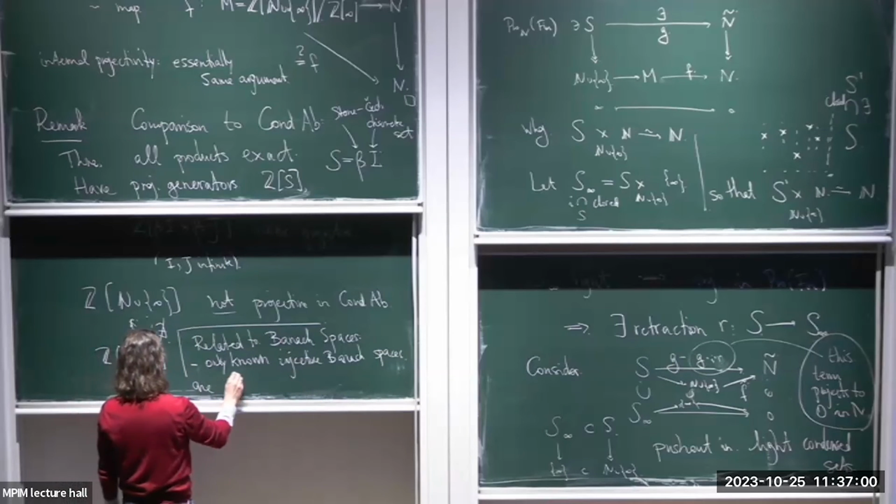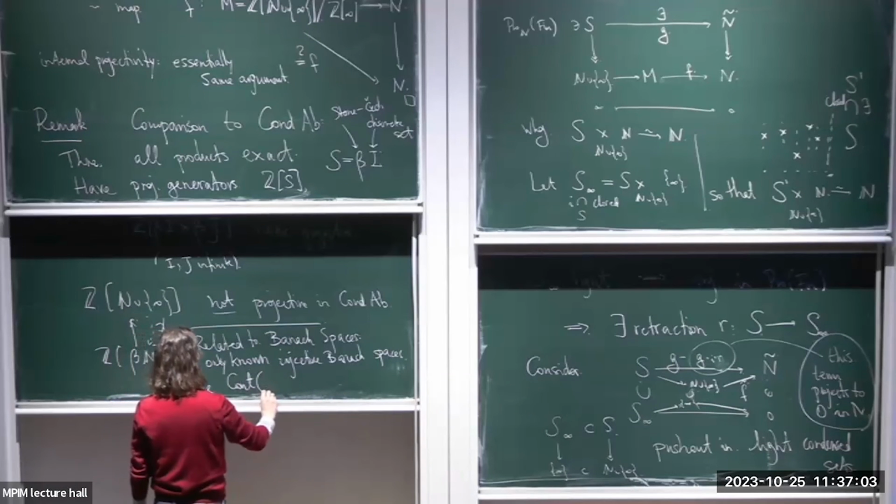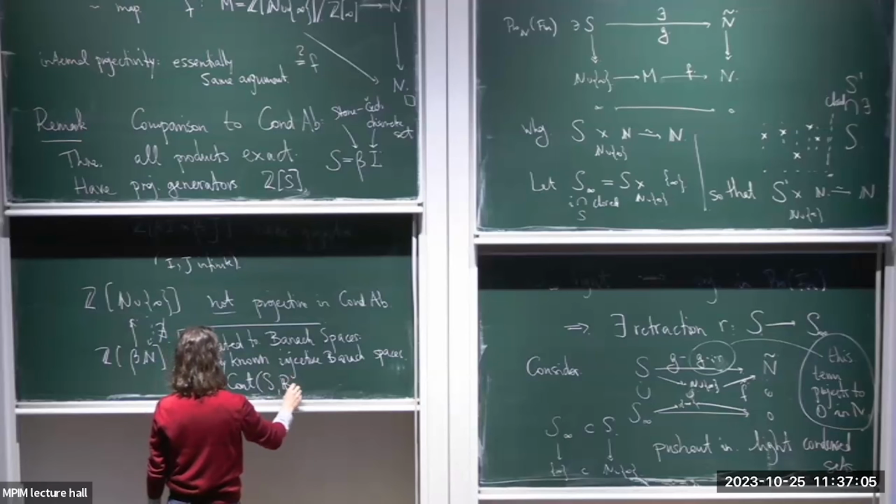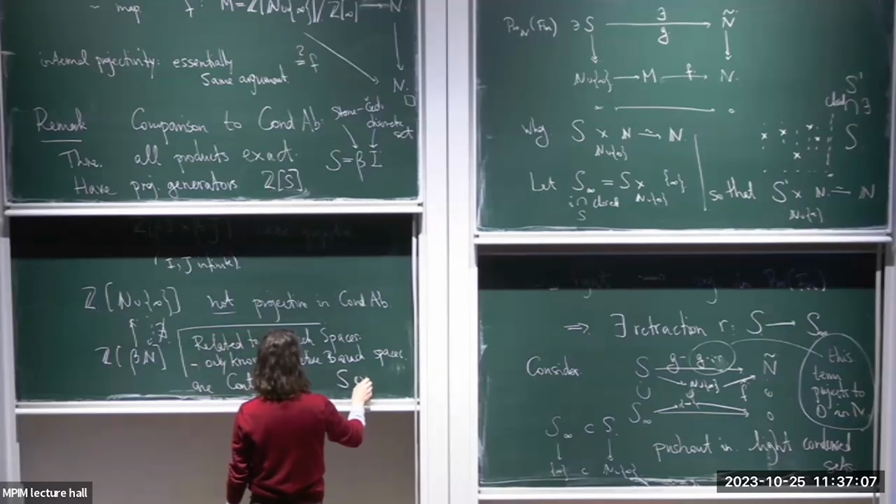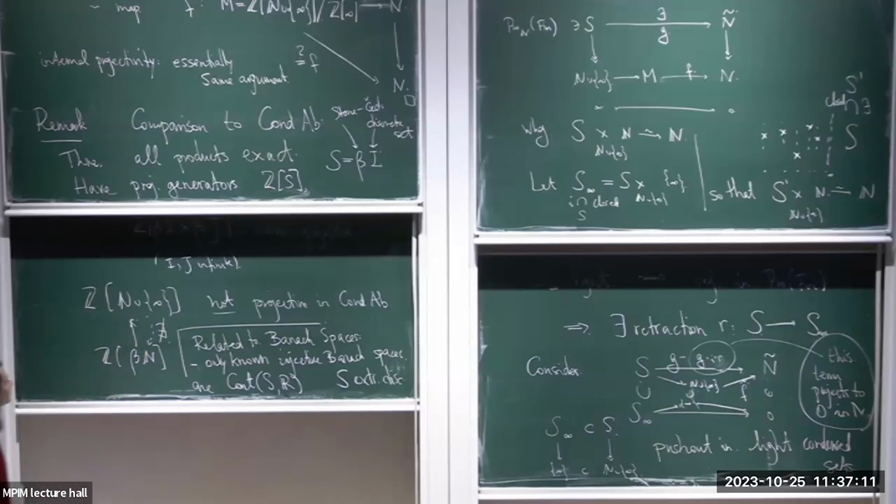They are continuous functions from some S into R, where S is one of these extremely disconnected guys, which I could have also allowed. So basically, such a Stone-Čech compactification or a retract of it. And it's known that all known injective Banach spaces are retracts of continuous functions on a Stone-Čech compactification.